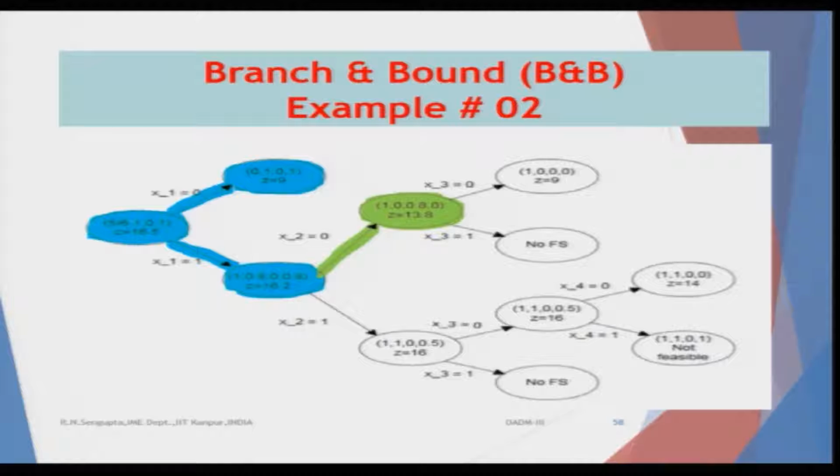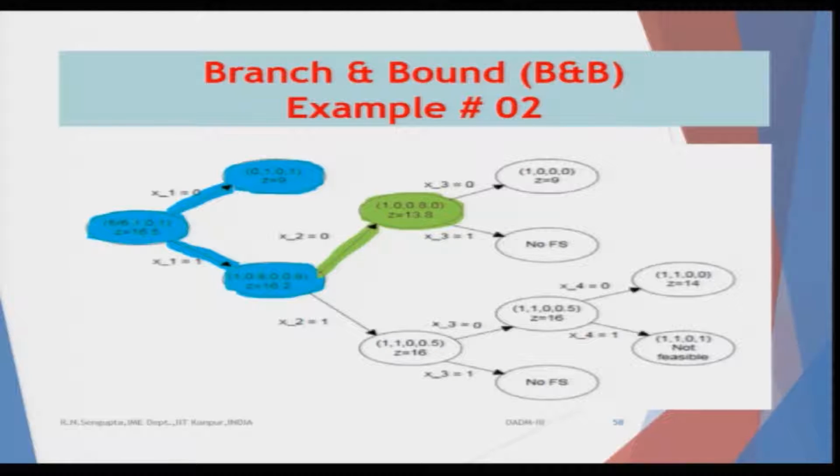Now, we have to branch depending on the x3 value. So, the x3 values we are going to take in the branches are x3 is 0 in one and x3 is 1 in the other, and we will try to find out which gives us the best answer, based on which we will find the solution.